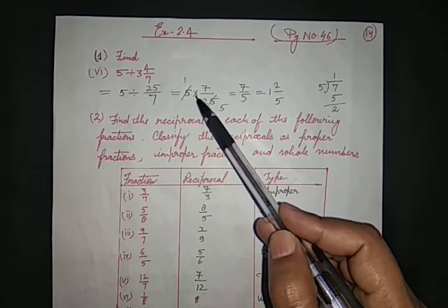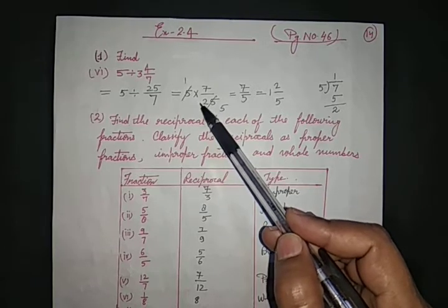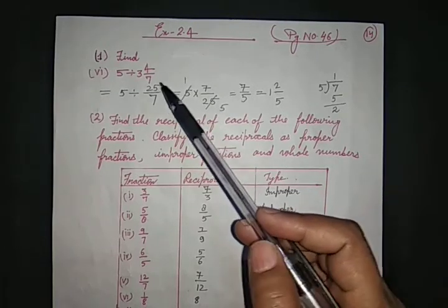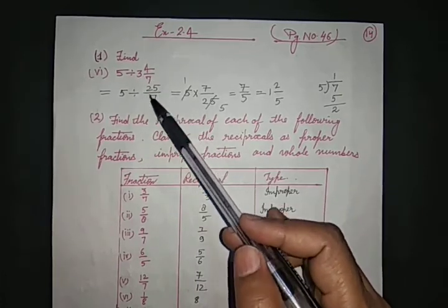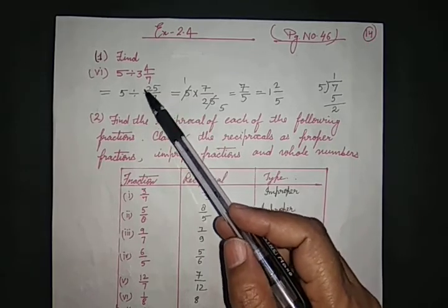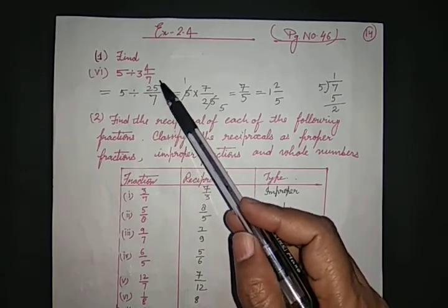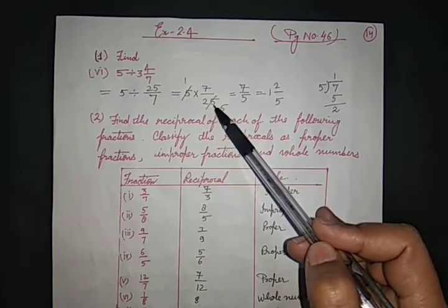But one more change we have to do with this. We will write the reciprocal of this number, 25 upon 7. Now the reciprocal of 25 upon 7 is 7 upon 25.